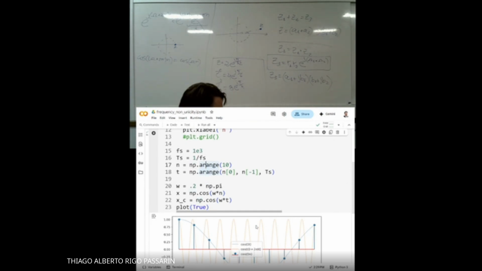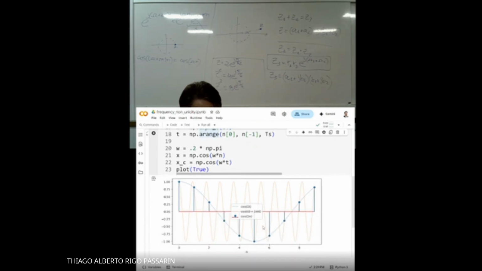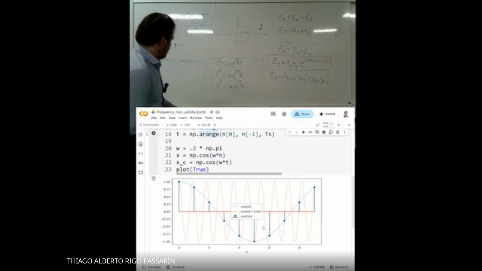So we never know which was the original frequency when we have a sinusoid, a cosine or a sine. And that's also an issue when we use Fourier decomposition, because we decompose in exponentials. I did this here earlier, right?